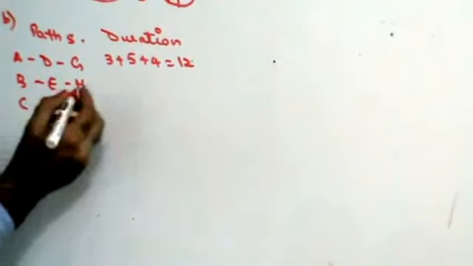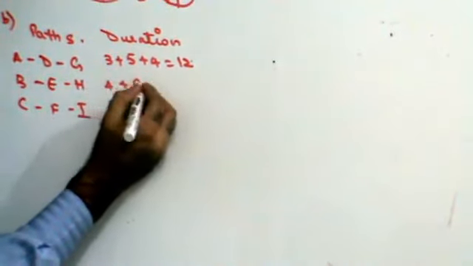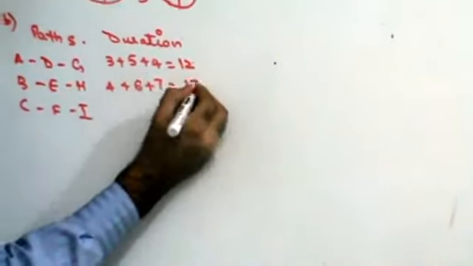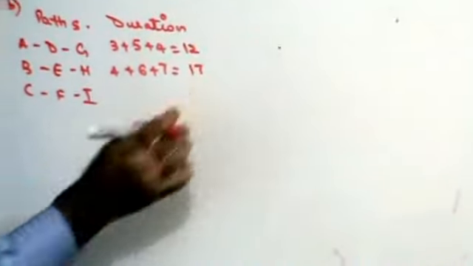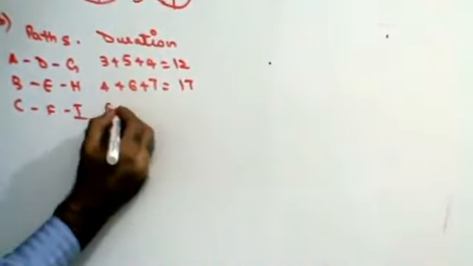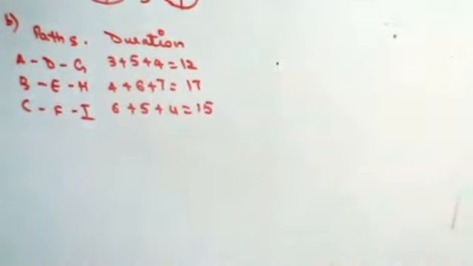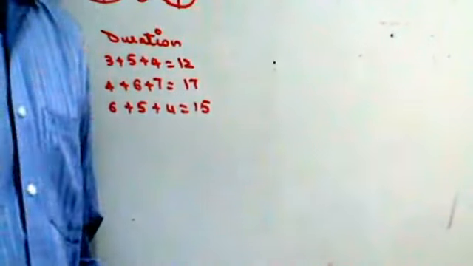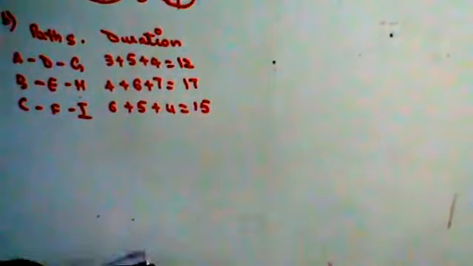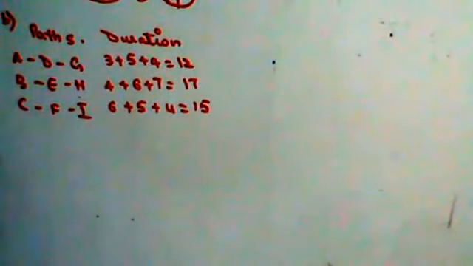Then you have 4 plus 6 plus 7, 11, 17 days. And then you have 6 plus 5 plus 4, 15 days. Right? So in that case, the maximum duration is said to be the critical project completion time, and that path which gives you the maximum duration is the critical path.